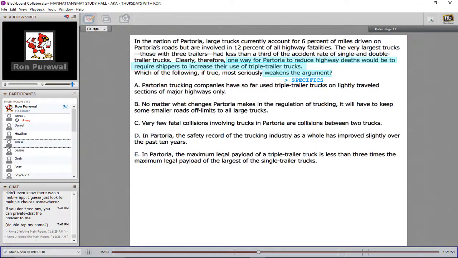So what they're saying, in other words, is that trucks with 3 trailers, like triple trailer trucks, are extra safe. They're safer than other kinds of trucks.